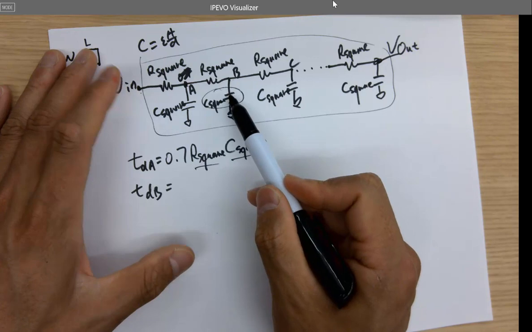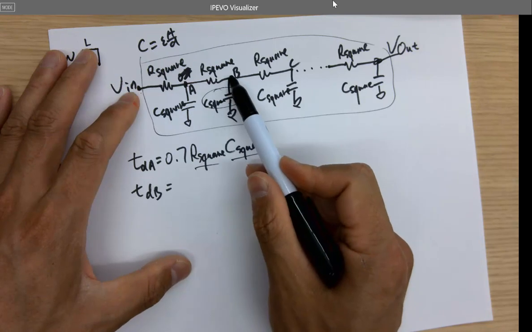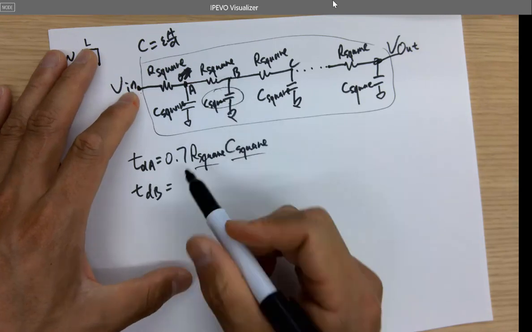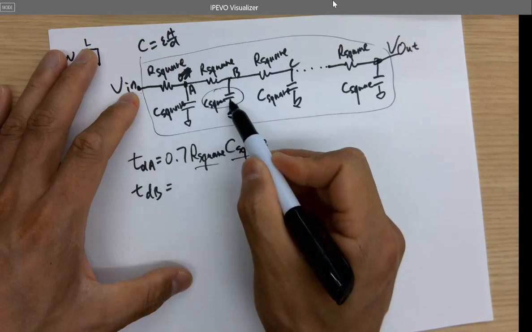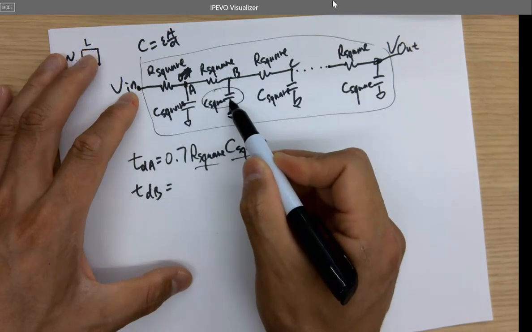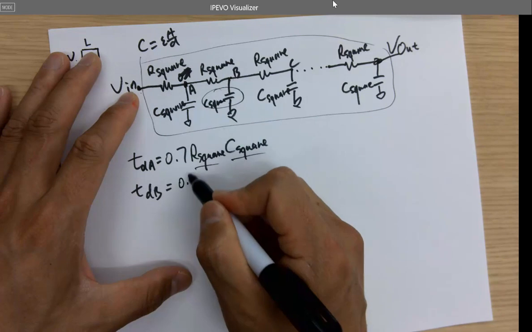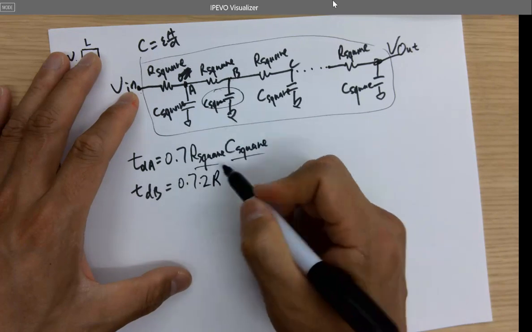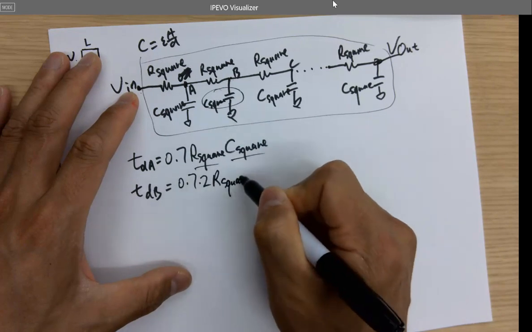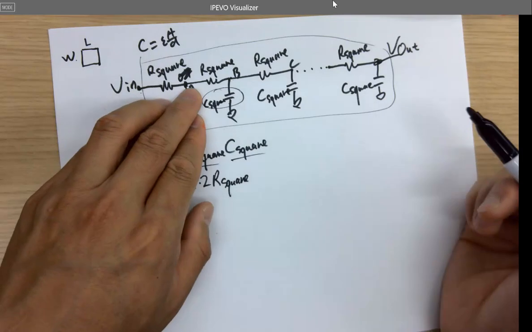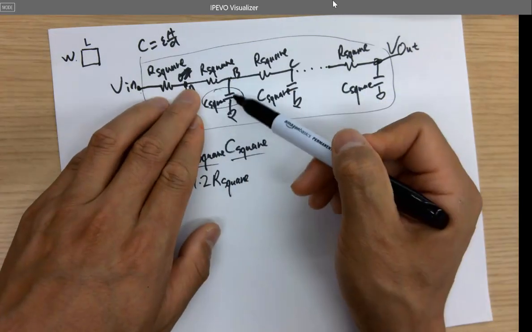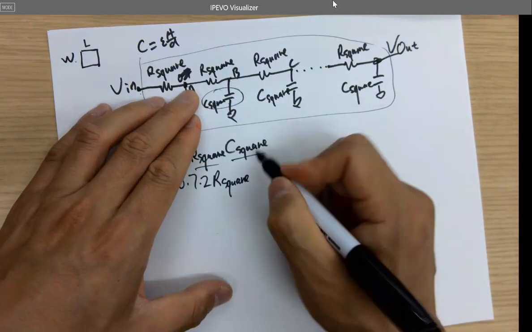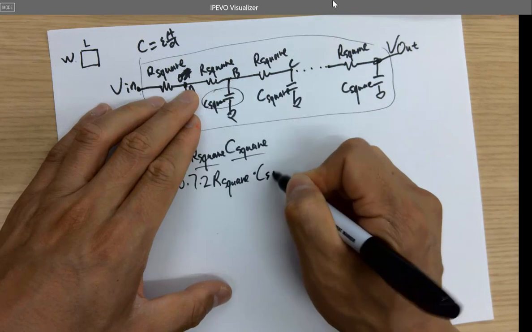So for TB, the time delay at B, it is 2 R's and 1 C. 0.7 2R times C square. You look at this circuit, you got 2 R's and 1 C. So 2R times C square.